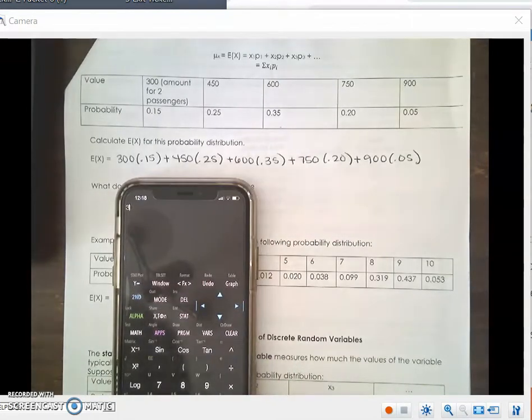So we have 300 times 0.15 plus 450 times 0.25 plus 600 times 0.35 plus 750 times 0.20 plus 900 times 0.05. My expected value would be 562.5.